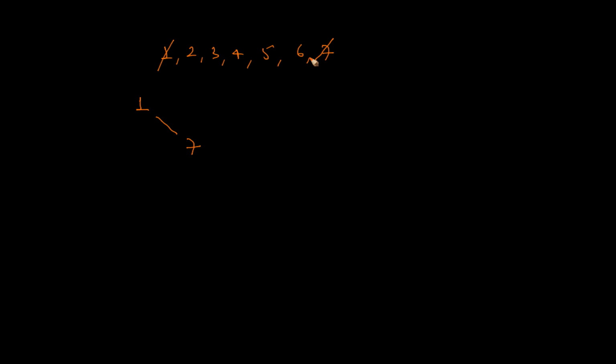Among the rest, let's say we are going to choose the minimum. Among the rest, let's say again we choose minimum. And let's say again we choose minimum. Again we choose minimum. And again we choose minimum. See, here also the height is 6, but the structure is different.